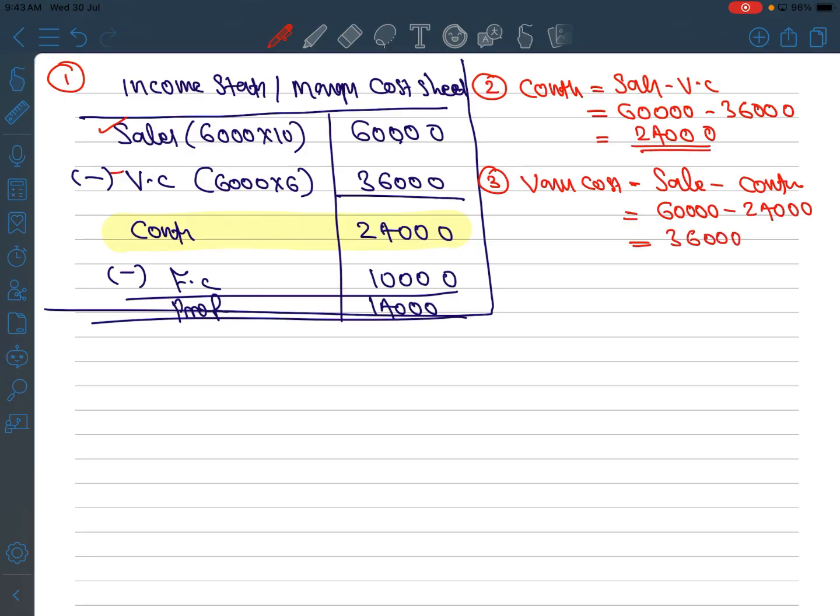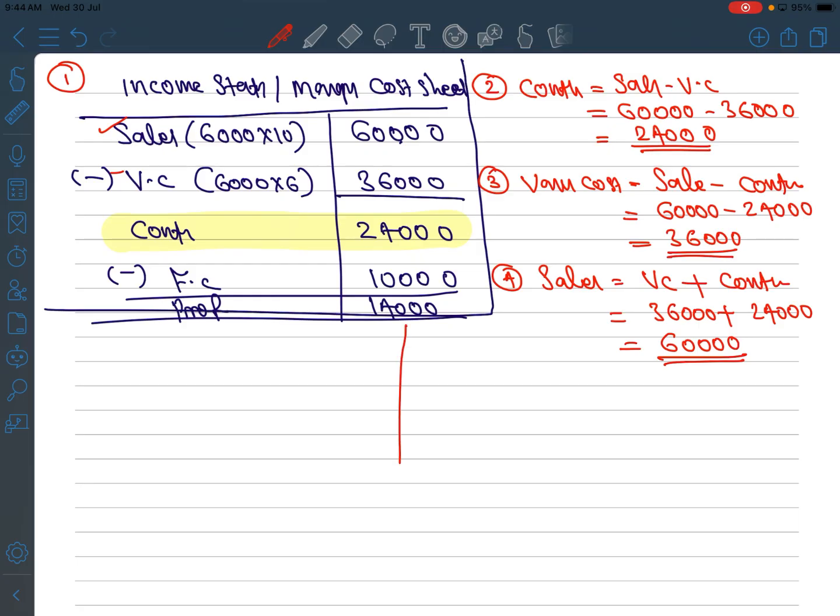Then the fourth part of the question: sales is equal to variable cost plus contribution. Variable cost is 36,000, contribution is 24,000. Totally it will come 60,000 sales.